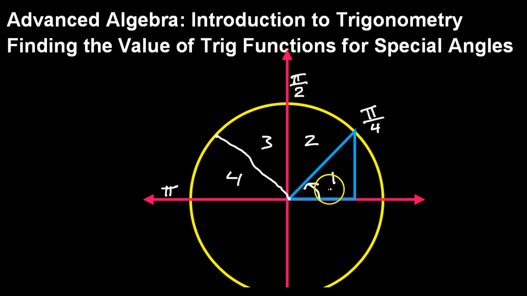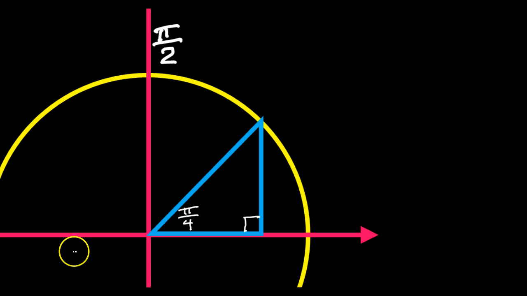So this is 1/4 of pi, so pi over 4. Remember that this is the same thing as 45 degrees. I'm just mentioning that so we can use our knowledge of a 45, 45, 90 triangle. And don't forget that the hypotenuse is 1.